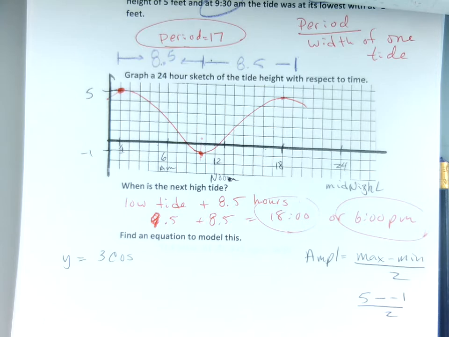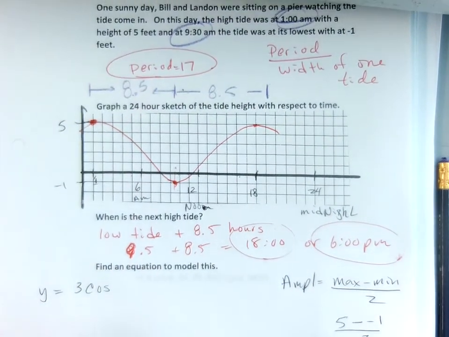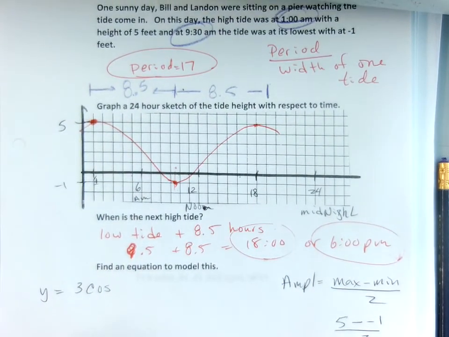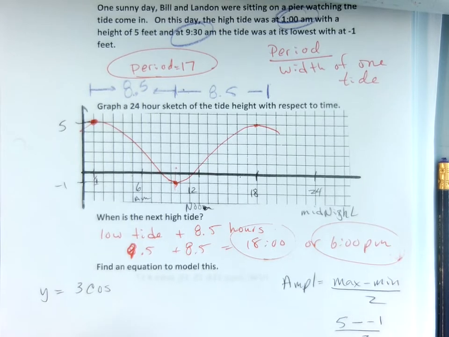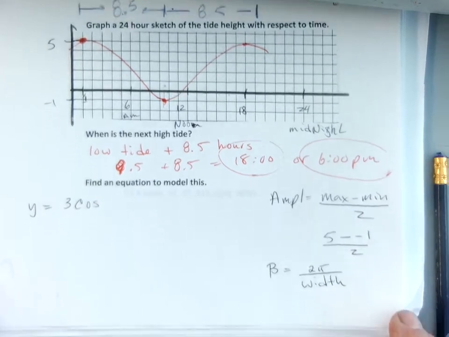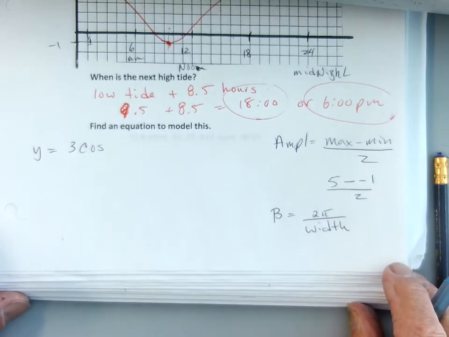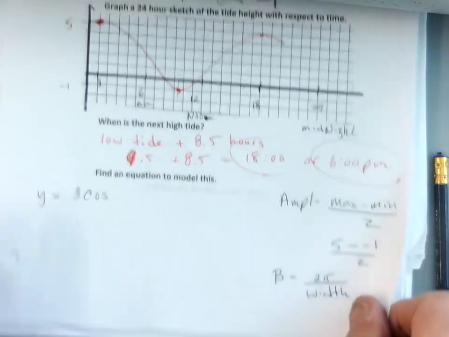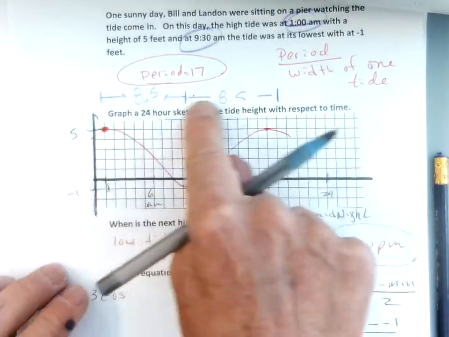Now, we need to find the frequency, okay? So we need to find B, which is the frequency, which is 2 pi divided by the width. We know what the width is, don't we? The width is 17, right? Didn't we say the width is 17?